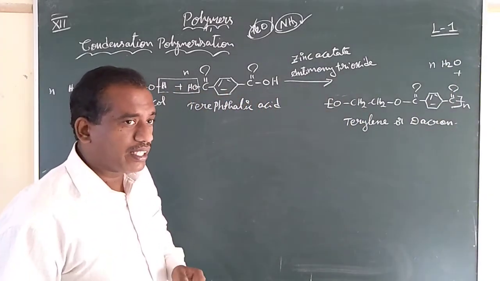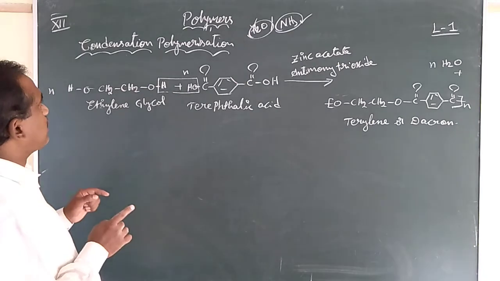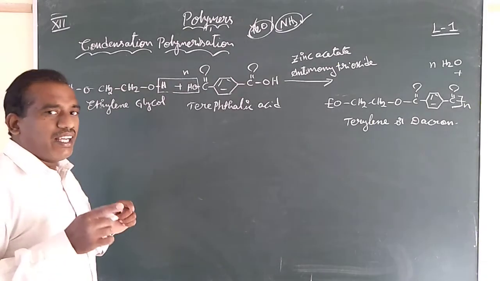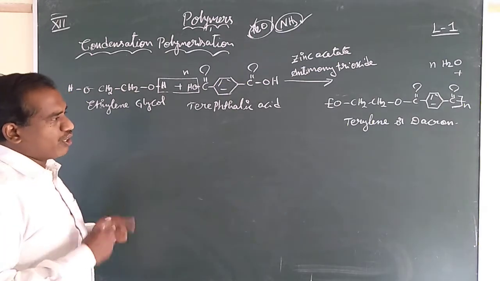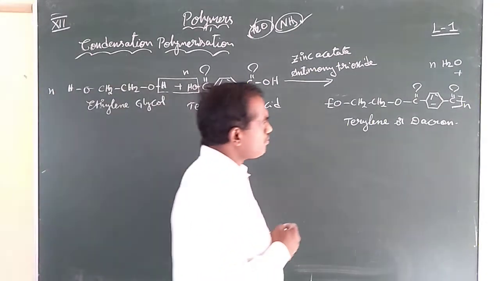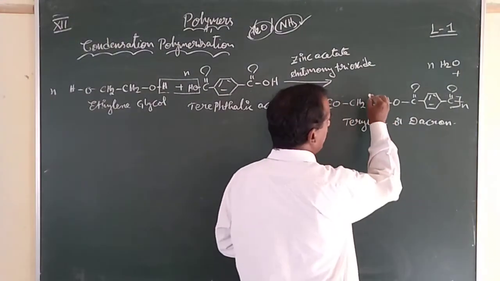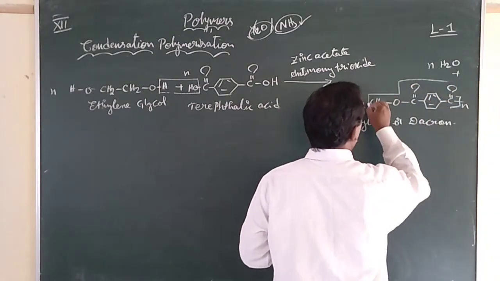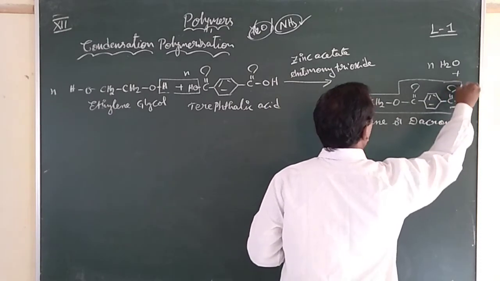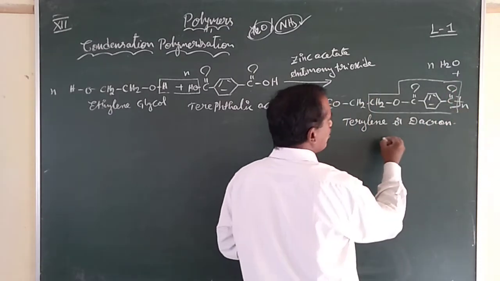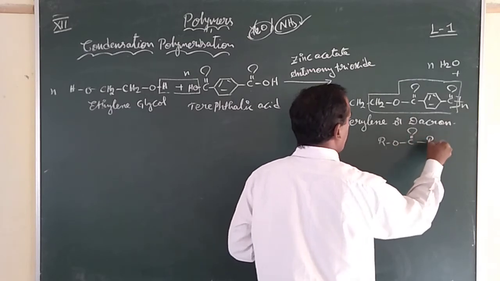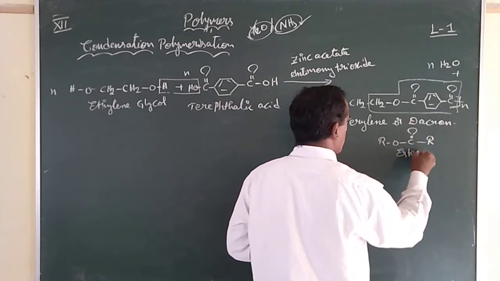Our point is that polymerization in which some neutral molecules are removed is called condensation polymerization. See here, children, can you please find one thing here? This is the main thing I want you to find. Do you remember R, O, C double bonded O, R? What are these functional group compounds called?